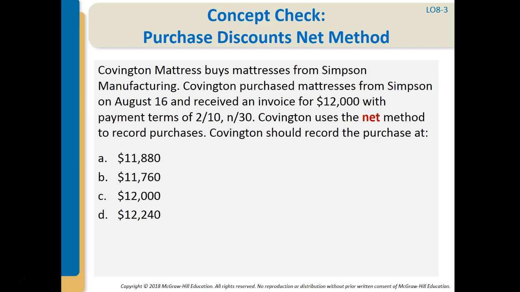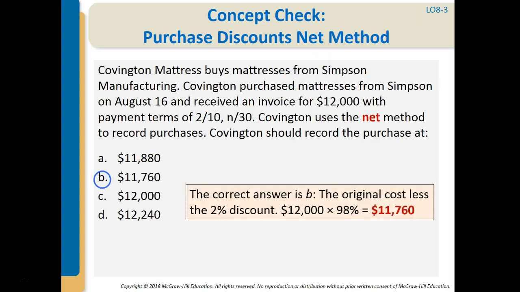Covington should record the purchases at A, $11,880, B, $11,760, C, $12,000, D, $12,240. So using the net method, it's going to be $12,000 times 98%, so $11,760 is how they will be recorded.